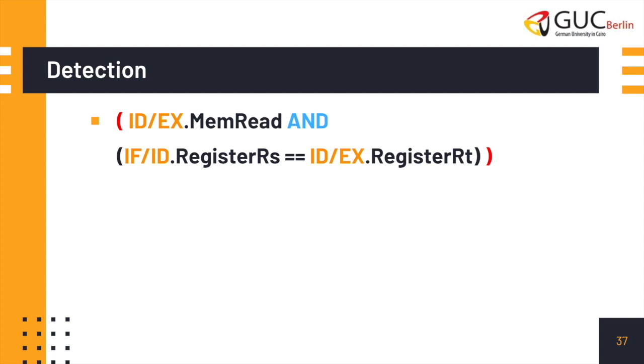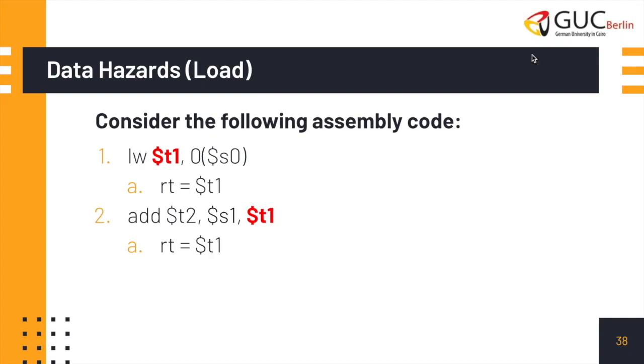This is what hardware level means. So I'm checking the mem read is 1 and register RS of the add instruction is equal to register RT of the load instruction, and take care the mem read signal is from what? From the load instruction.